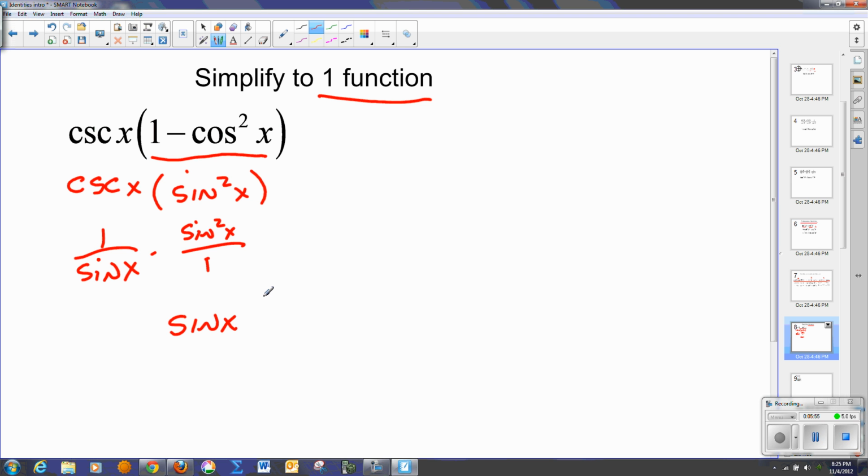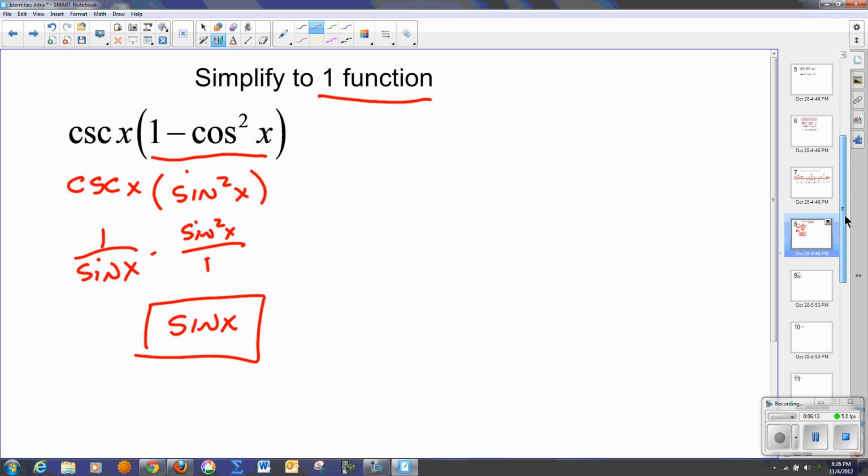So you can see I reduced a complicated function into a simpler function. It's much like simplifying our initial problem algebraically into a simpler algebraic fraction. But this is a trigonometric function, so we're just simplifying these.